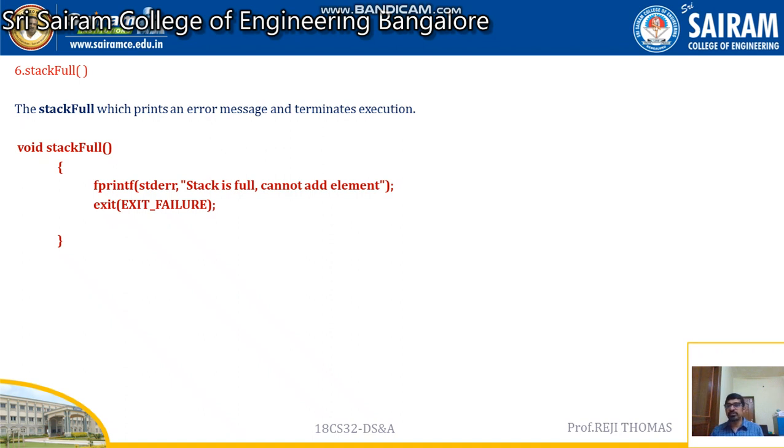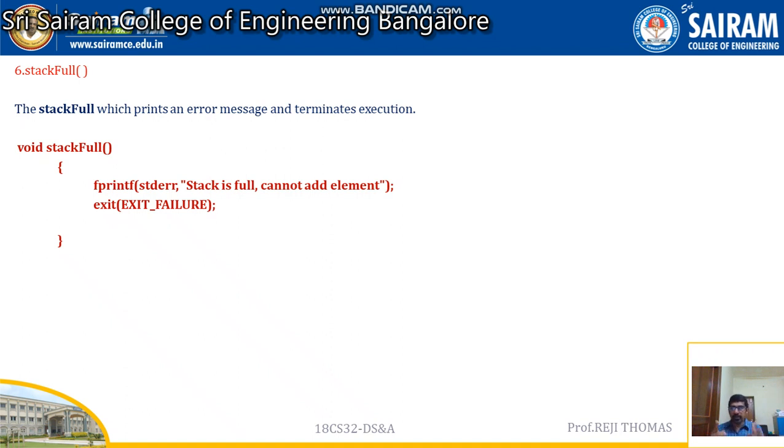It is going to use fprintf, which writes into a file. There is a difference between printf and fprintf, right? It writes into a file pointed to by stderr, which is a pointer, and what will be written inside is: stack is full, cannot add an element.